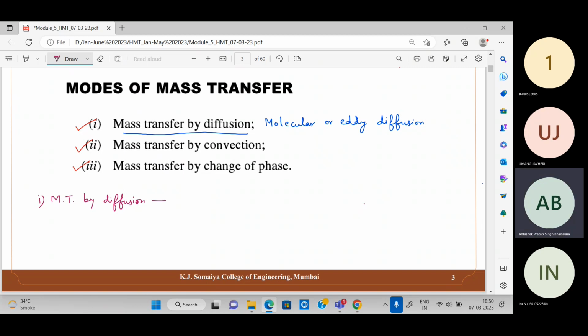Basically, molecular diffusion is the mass transfer on a microscopic level as a result of the concentration gradient of one or more constituents or species in the system. So what we can conclude is that it is the transfer of mass on a microscopic level.